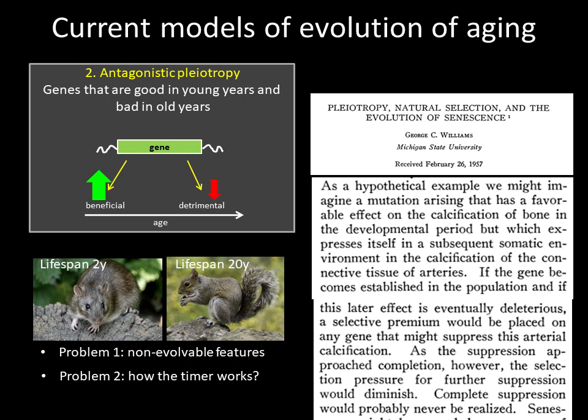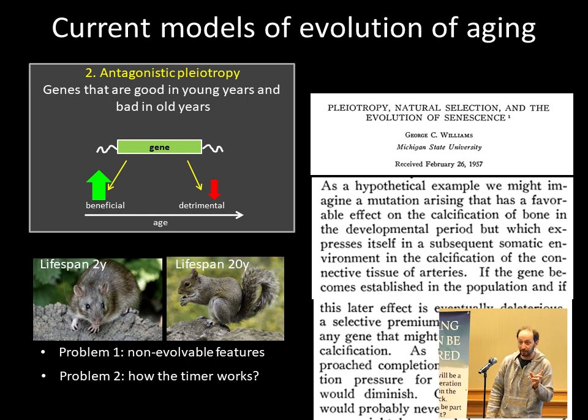And if the gene becomes established in the population, and if this later effect is eventually deleterious, a selective premium would be placed on any gene that might suppress this arterial calcification. As the suppression approaches completion, however, the selection pressure for further suppression would diminish. Complete suppression would probably never be realized. So this is a very weak quantitative argument. The selection is there. The probability to remove the detrimental trait is there, but somehow it doesn't complete.